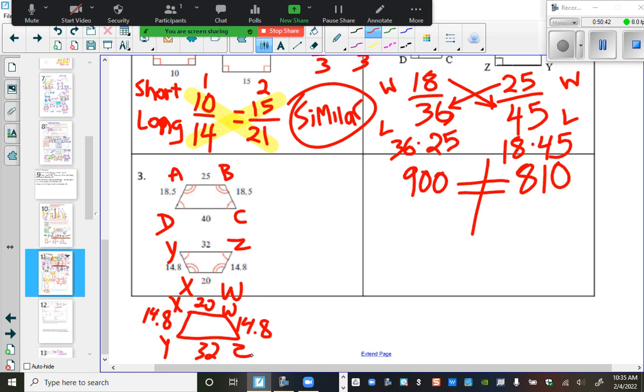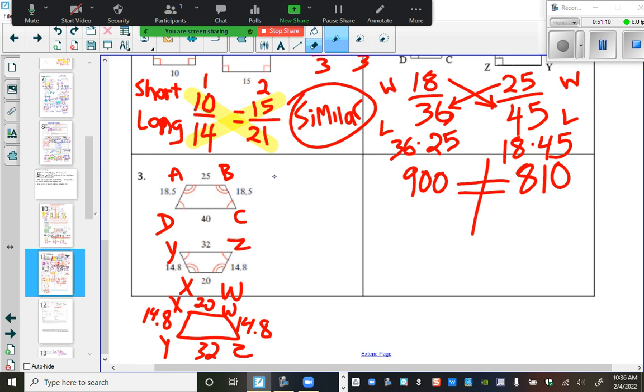Now, here's the easy point. We know exactly who's going to match with who. So B and WX are going to match. It would be 18.5 over 14.8. Okay, which two did you? Or do you want to do the cross multiplication? Well, what you said is okay.